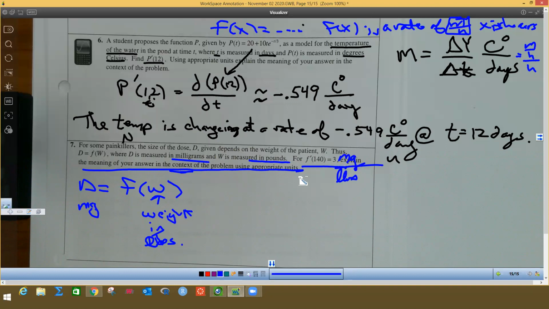All right, so what does this mean here? Can anybody tell me?